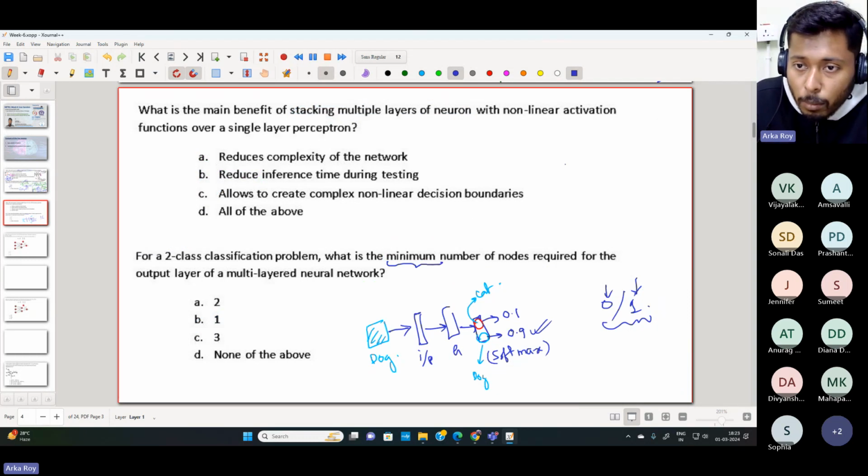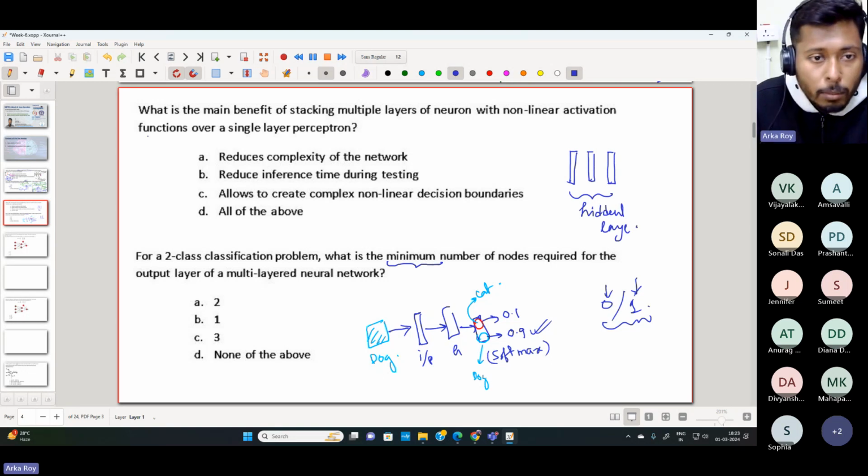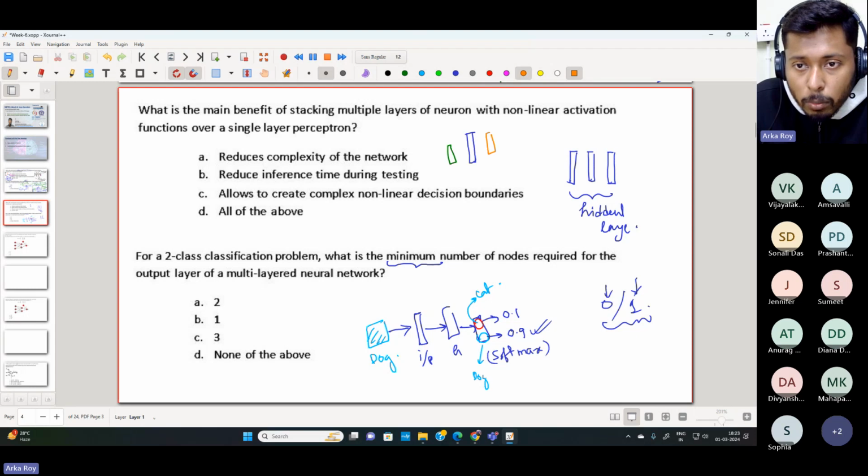Multi-layer neural network means you have a stack of hidden layers. For instance, let us take two cases. One is a single hidden layer, with an input layer and an output layer. Same over here, this is the output and this is the input.